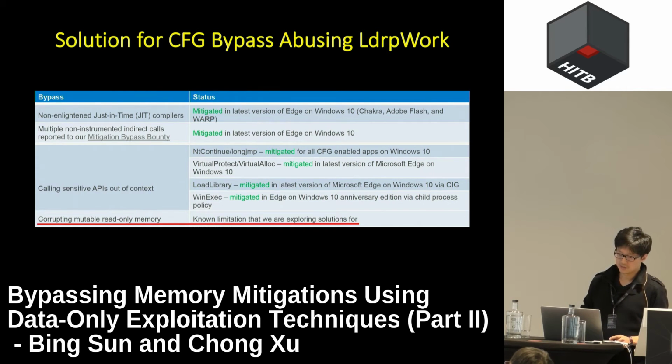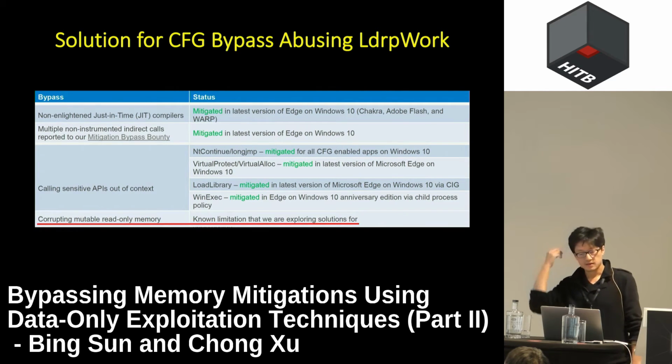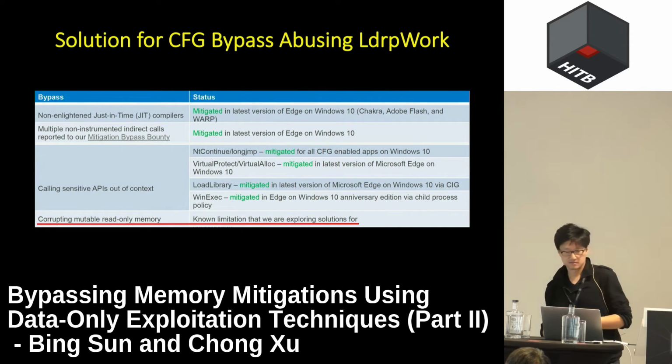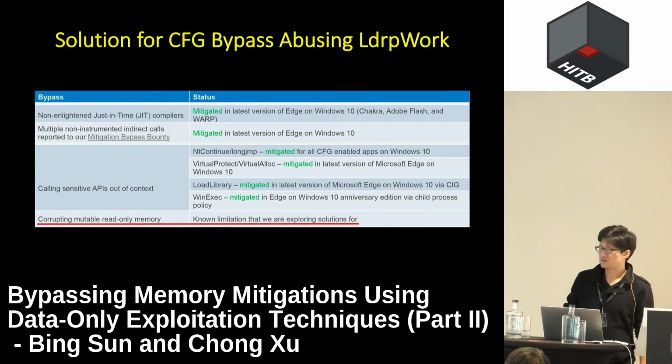Solution for CFG bypass abusing LdrpWork. Actually, for this particular case, it can easily be fixed by enforcing a check on the target address to make sure it indeed belongs to the IData section of some module which is in the snapping state. However, Microsoft considers corrupting mutable read-only memory to be a no-limitation issue.